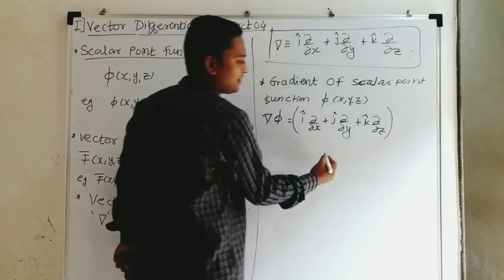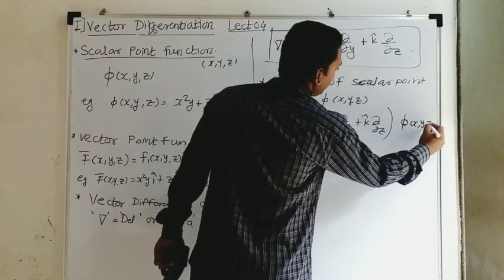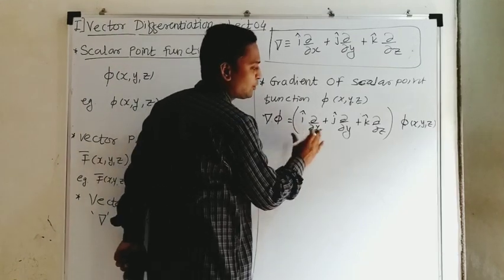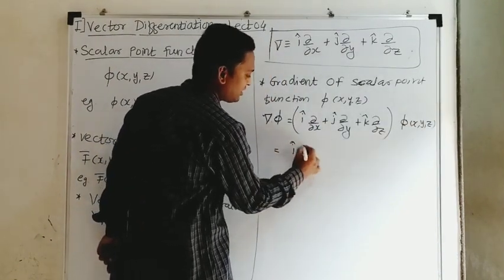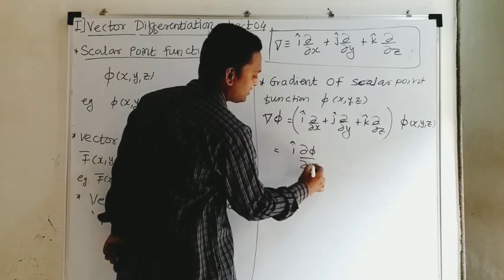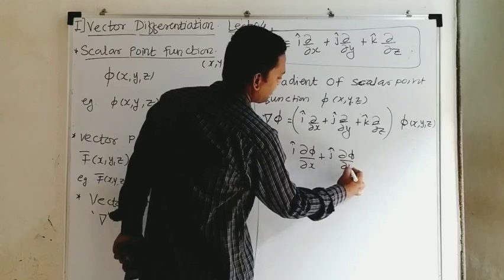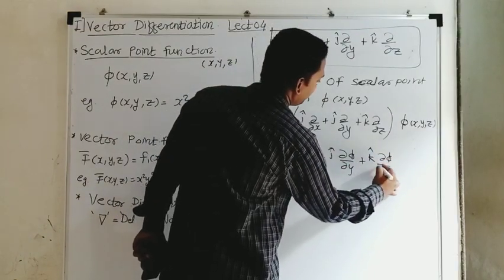This is the value of del, and then outside this bracket phi of x, y, z. One by one, this is an operator, and I am going to operate it on the function phi. So I will get i cap into del phi by del x, j cap into del phi by del y, plus k cap into del phi by del z.